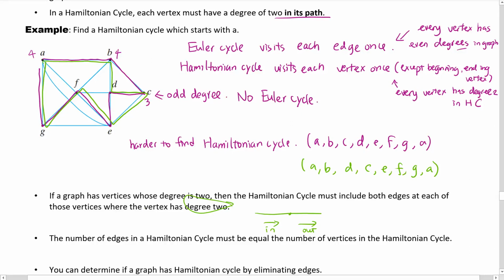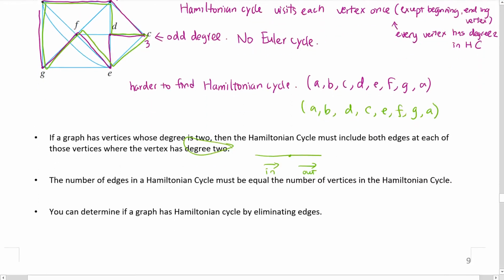Next, the number of edges in the Hamiltonian cycle must equal the number of vertices in the Hamiltonian cycle. Why is that? Well, you start with a vertex, then an edge, vertex, edge, vertex, edge, and then you go back to the starting point.